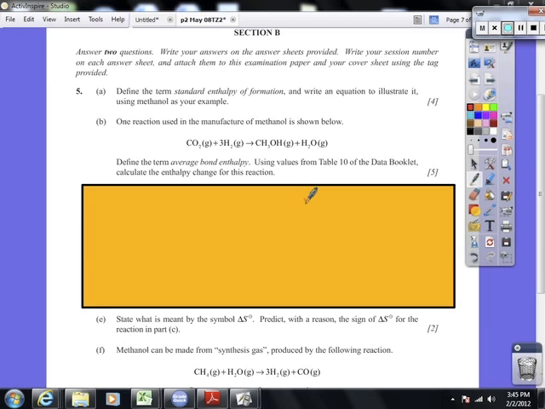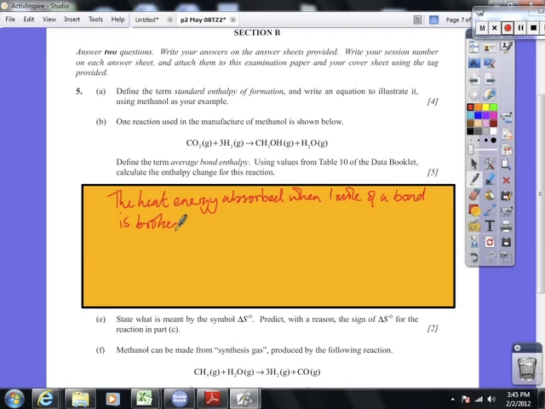The average bond enthalpy is the heat energy absorbed when 1 mole of a bond is broken to gaseous atoms, that's averaged over a number of different types of the same bond.